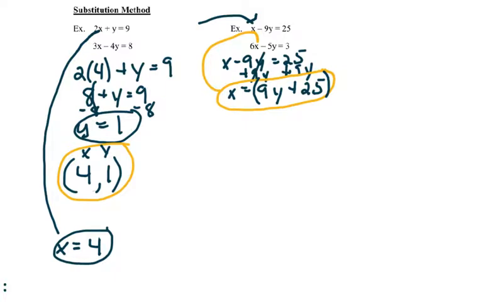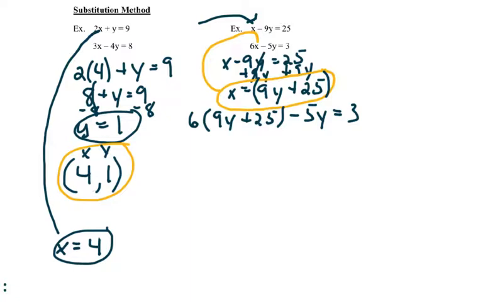So now we have 6 times x, which is this entire quantity, 9y plus 25, minus 5y, because that's right here, equals 3. So we've plugged the 9y plus 25 in for x, and here's our new equation.